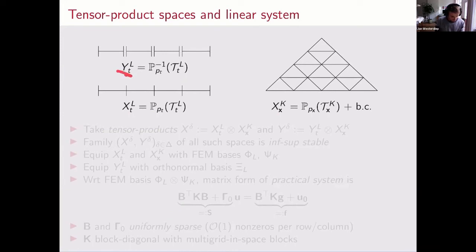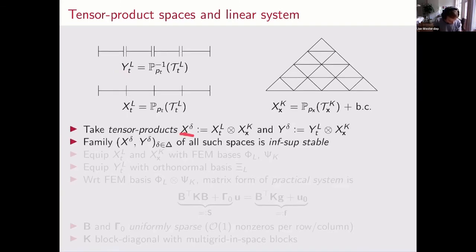And then at our test side, we're going to take discontinuous piecewise polynomials. And if we take our trial space to be the tensor product of this kind of space with this kind of space, and our test space to be the tensor product of these two spaces, then it turns out that this family of tensor product spaces is indeed inf-sup stable, which means that we have this powerful theorem of quasi-optimality. In layman's terms, this is what we want, like we are in business.